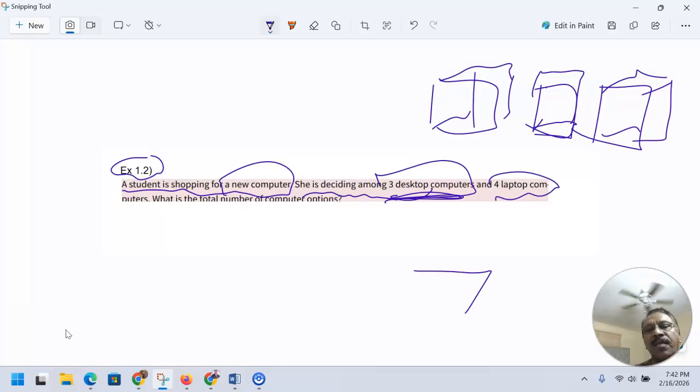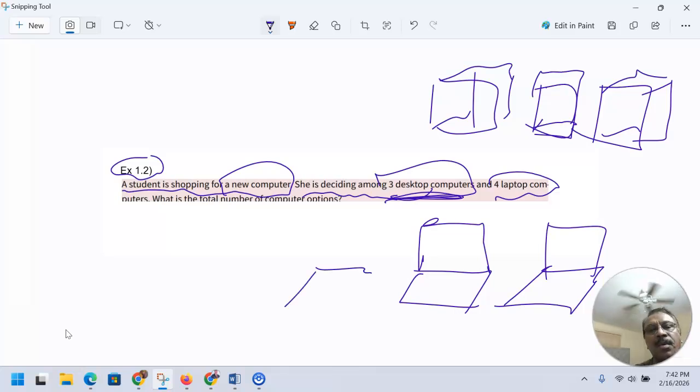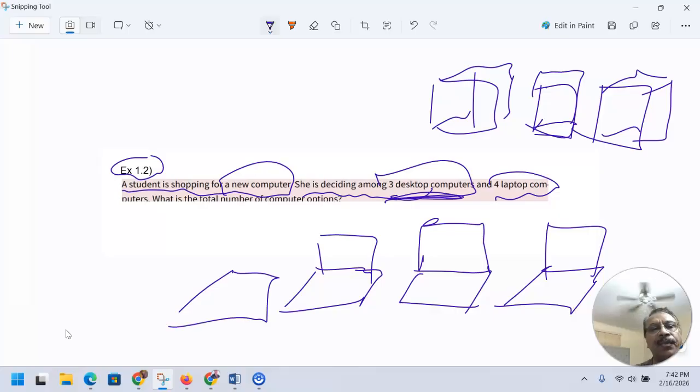When you say laptop, it basically means this. So there are four like this: laptop one, two, three, four. I'm just doing it quickly for visual understanding. What is the total number of computer options?